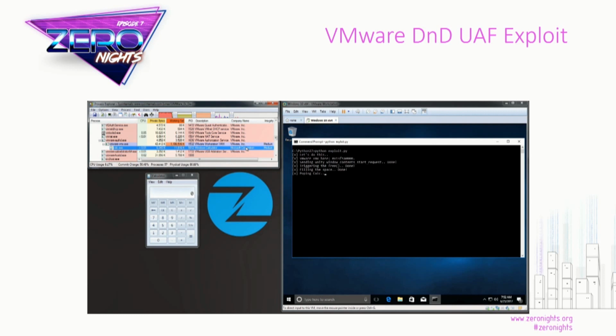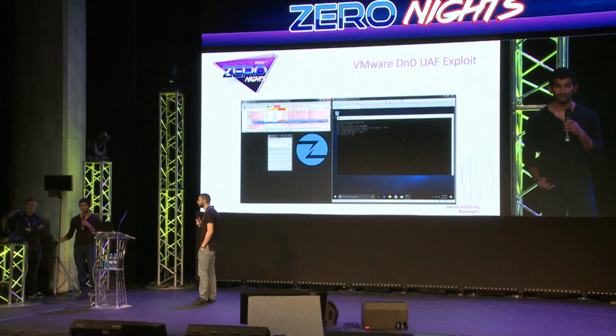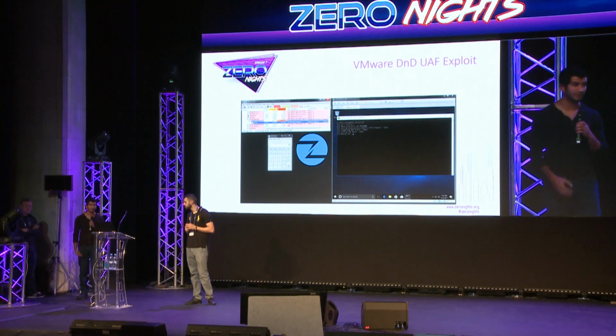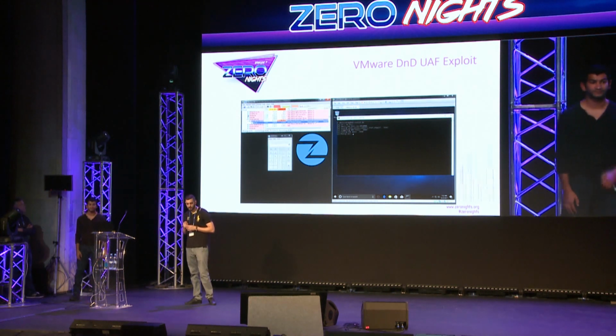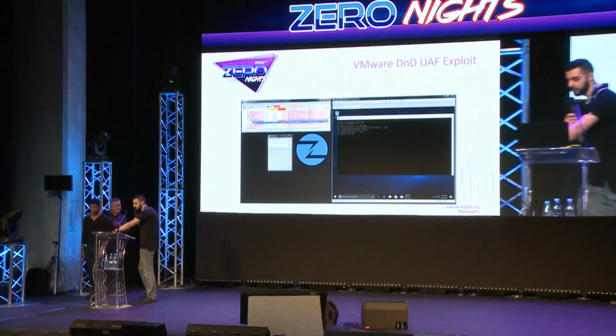So if you pop one of these services, basically you can get SYSTEM on the host rather than medium integrity. And because all of the processes run as medium integrity, if you manage to break out of one of the VMs, that means you can then inject code into any of the other VMs. Yep, so it's easy to move laterally at that point. Yep. And with that, I'm going to give it to Brian so he can conclude the talk.